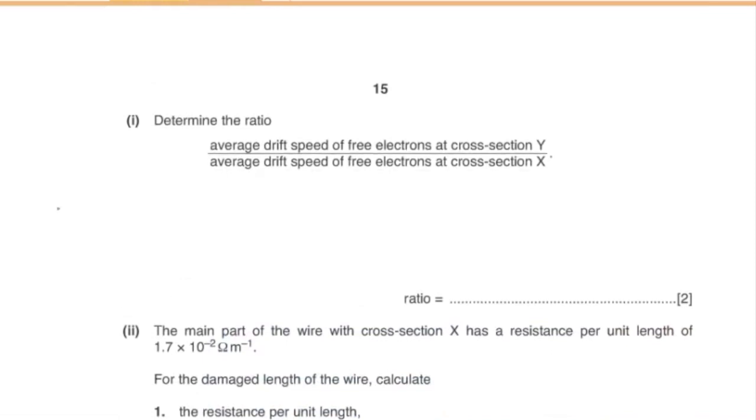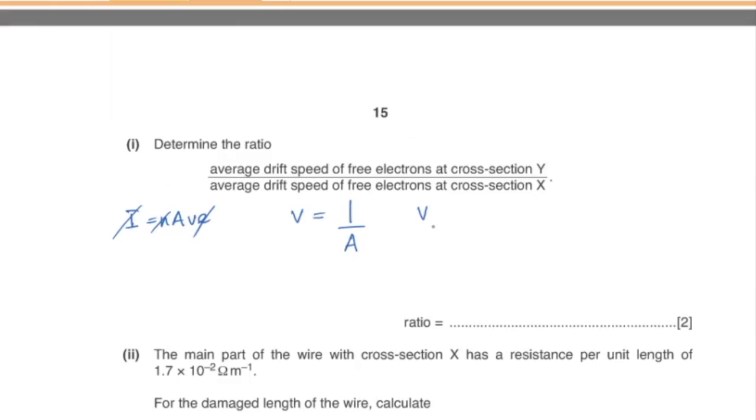Okay, so I equals nAvE, where the current across cross-section Y and X, and the number of free electrons across cross-section Y and X, are going to remain the same. So we can ignore I, n, and e. So we're going to have the drift velocity proportional to 1 by A. This means that the drift velocity is inversely proportional to cross-sectional area.